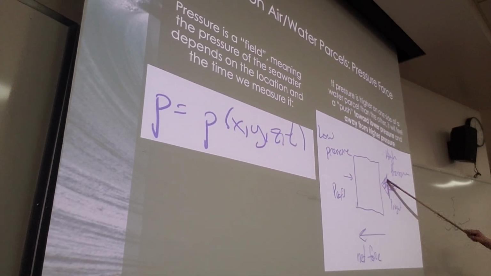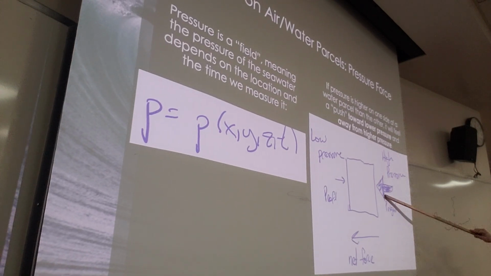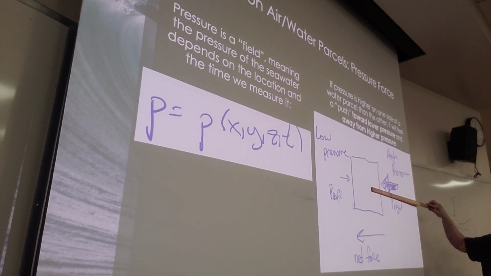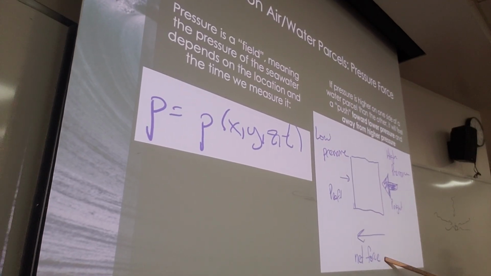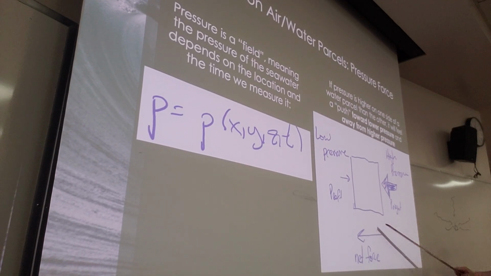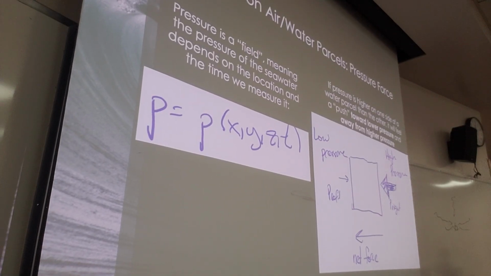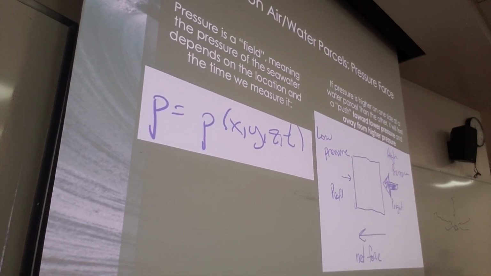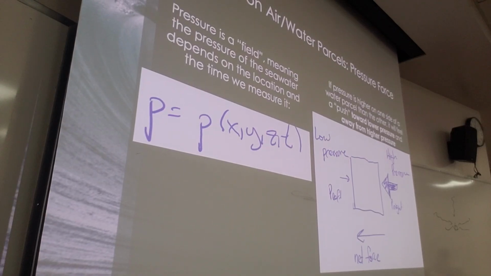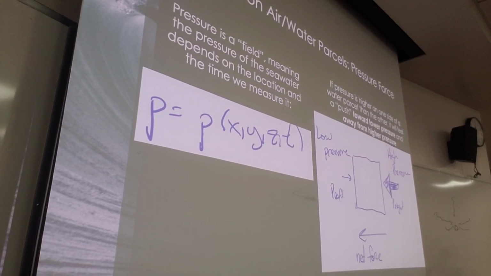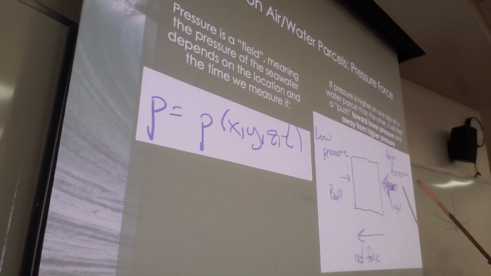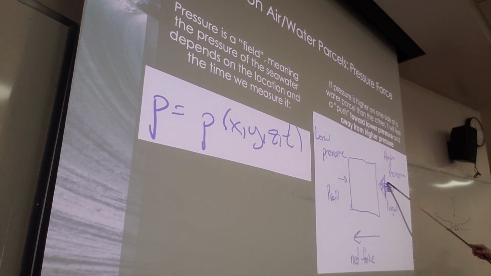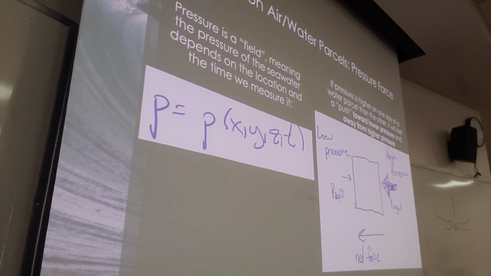And so the pressure on the right-hand side, where the pressure is high, is going to win and try to push this parcel overall to the left. There's going to be a net force, we call this the pressure force or the pressure gradient force, that's going to overall push this parcel to the left. So it's getting squeezed, but because the squeezing from the two sides is not equal, the whole parcel of air is going to get pushed in one direction. Usually it goes from the high pressure to the low pressure. And that's the way the pressure forces work.